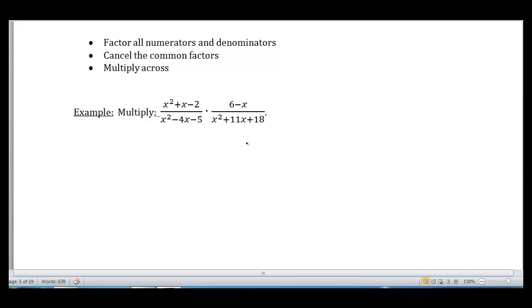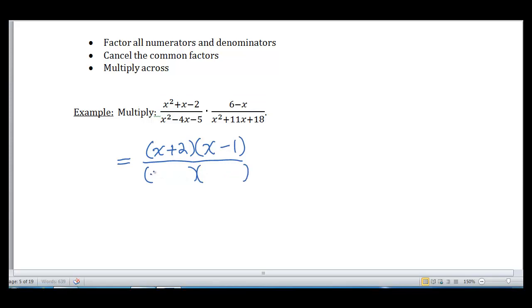Let's look at this example here. We have these two rational expressions, all right? In order to multiply these simply, what we're going to have to do is factor everything. So if I look at my numerators, if I have an x plus 2 and an x minus 1, that'll be the same thing as that one up there.